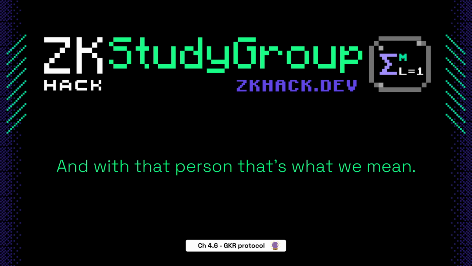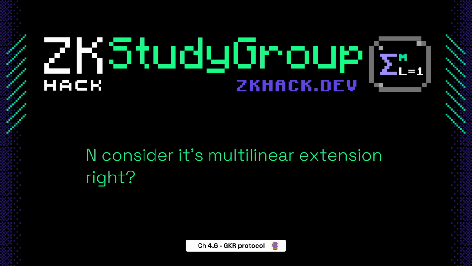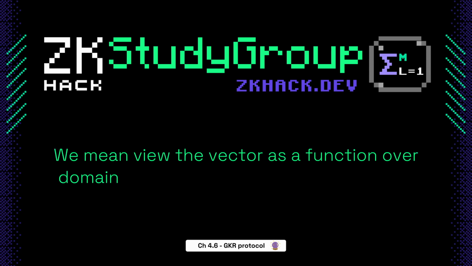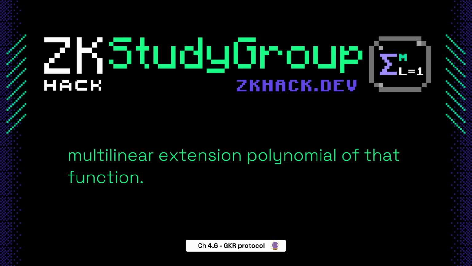That's what we mean when we say, here's some vector of length n, consider its multilinear extension. We mean view the vector as a function over domain {0,1}^(log n), and then take the unique multilinear extension polynomial of that function.